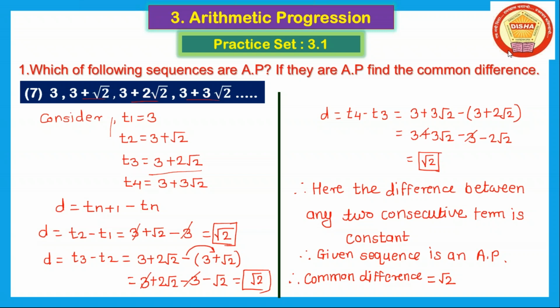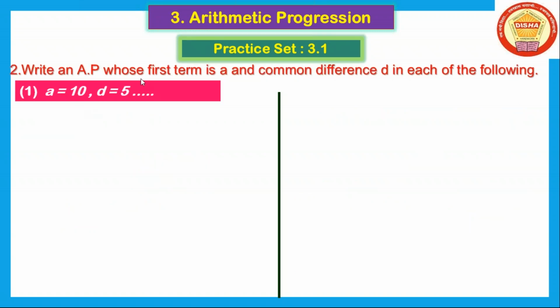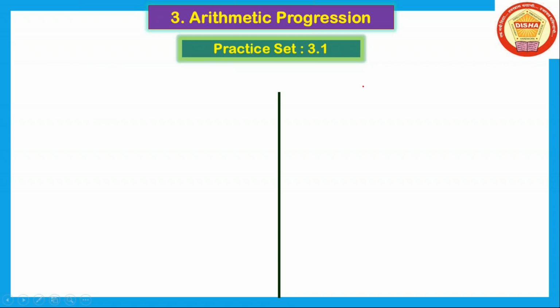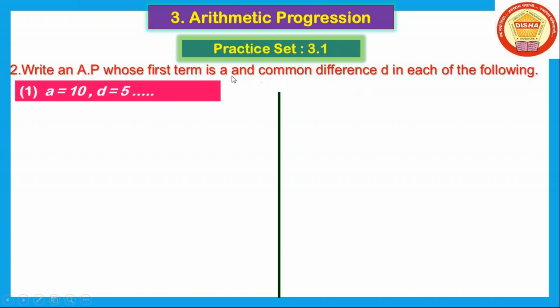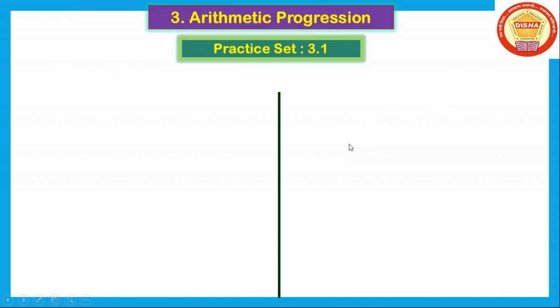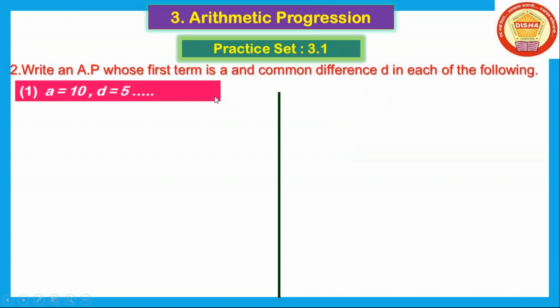Now we take question number 2 from practice set 3.1. Write an AP whose first term A is given and the common difference D is also given. See, A is given and the common difference is also given. A is equal to 10 and D is equal to 5, and we have to write the AP.